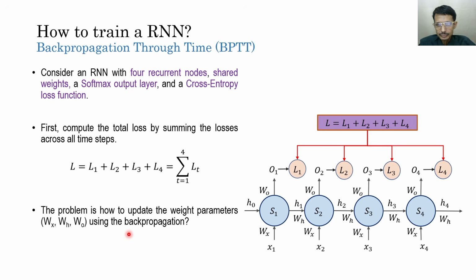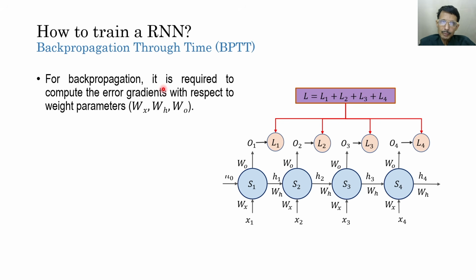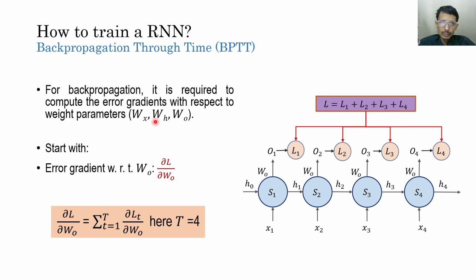So we start our algorithm by finding Wo first, because Wo is very easy, as it is the last layer. For backpropagation it is required to compute the error gradient with respect to Wx, Wh and Wo, these weight parameters. So let's start with Wo. The error gradient with respect to Wo, that means del L by del Wo.